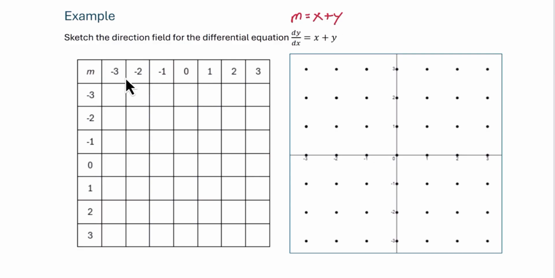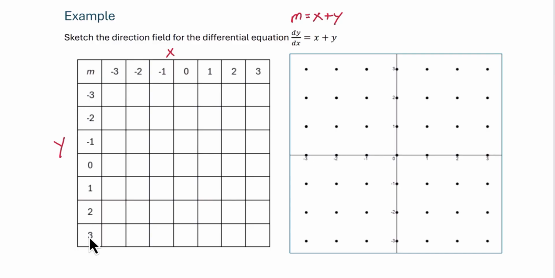And I've got a grid here with values for x. Let's make the top x and the vertical values y. And we're simply going to add these x and y values to get a slope at that specific point. Now you can start anywhere you want. I think it's easiest to find a place where we have zeros.